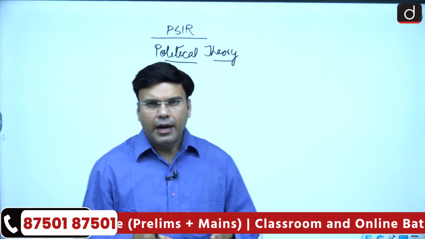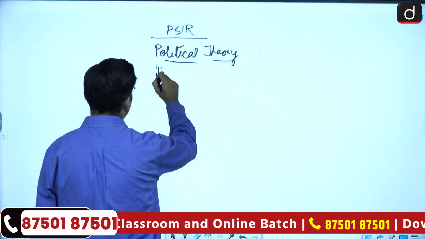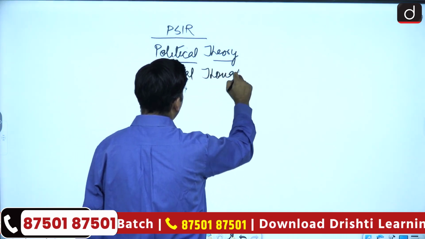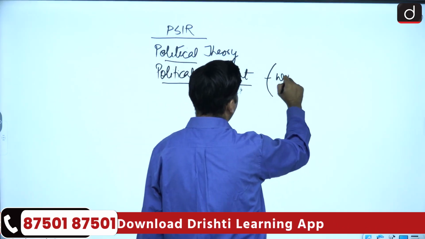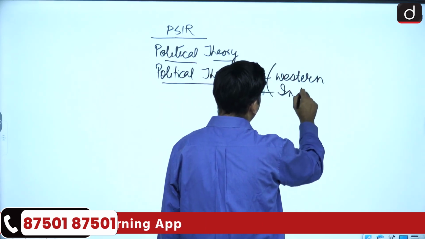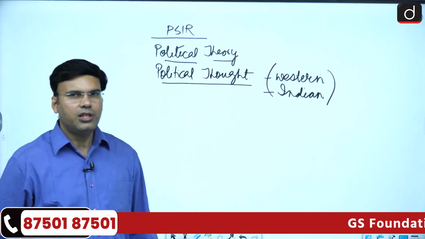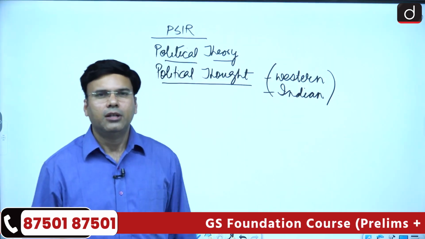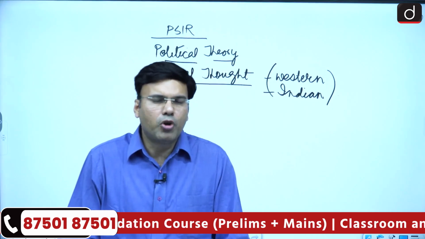Then another very, very significant aspect that we have to go through is the list of political thinkers that we have to read. That is political thought. And in political thought, we read both the Western political thought as well as the Indian political thought. Okay? There is a very large philosophical knowledge that one can gather by reading the insights of some very prominent scholars.